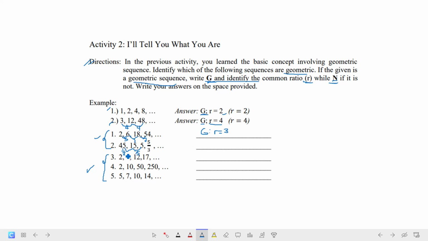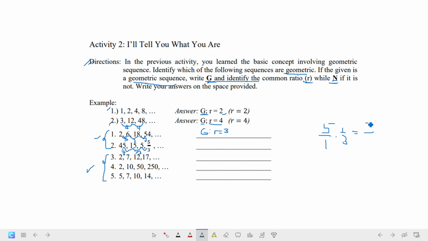Meaning, 1/3 is applicable. Sorry, this is 1/3. It is 1/3 that we multiply. And then, if we multiply 1/3 to 5, a whole number has an over 1, so 5 over 1 times 1/3. Multiplying fractions is numerator to numerator, denominator to denominator.